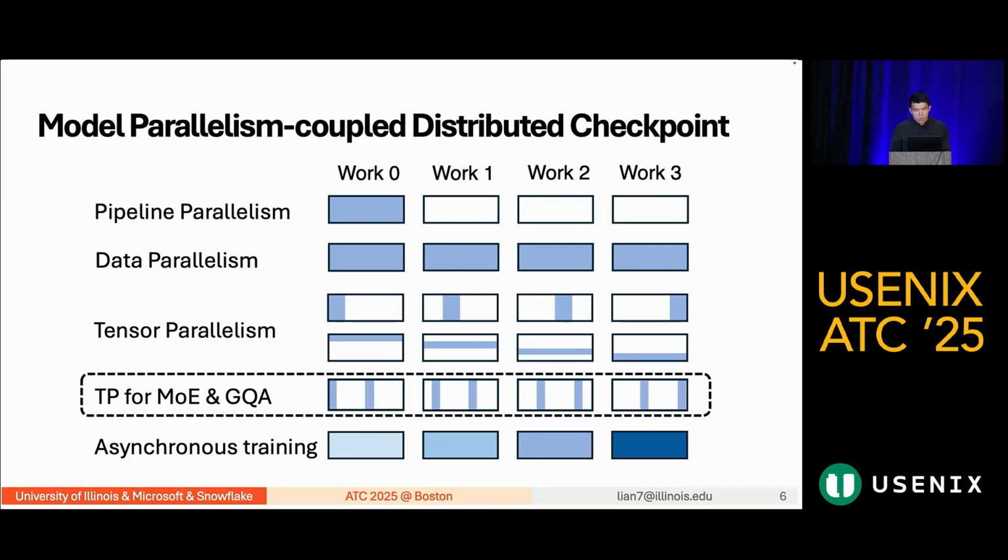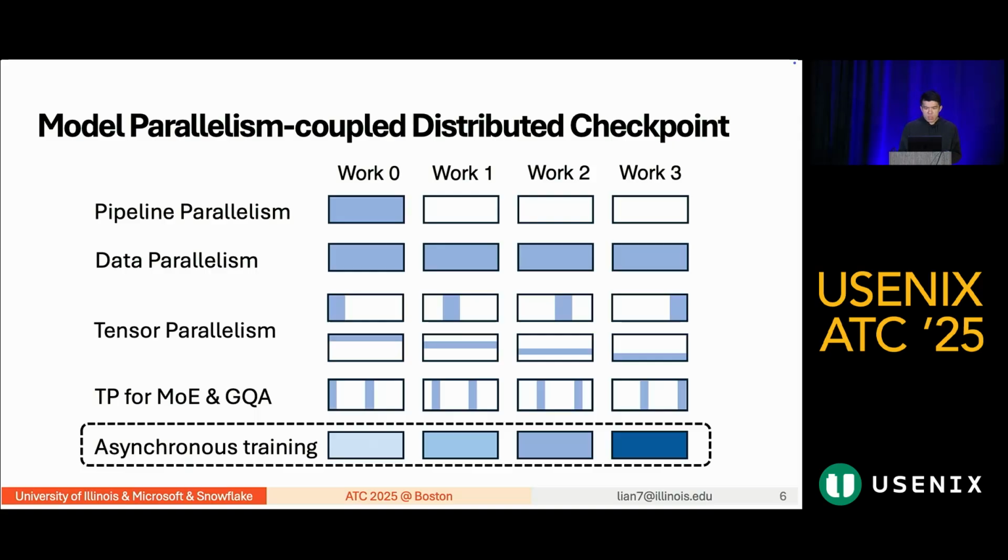For more specific models like MoE, mixture of experts, and GQA, grouped query attention, tensor parallelism can involve non-conventional sharding patterns. Additionally, in a synchronous training setup, the same parameters may have different weights across workers. Therefore, distributed checkpoints have very diverse patterns that couple to the model parallelism.